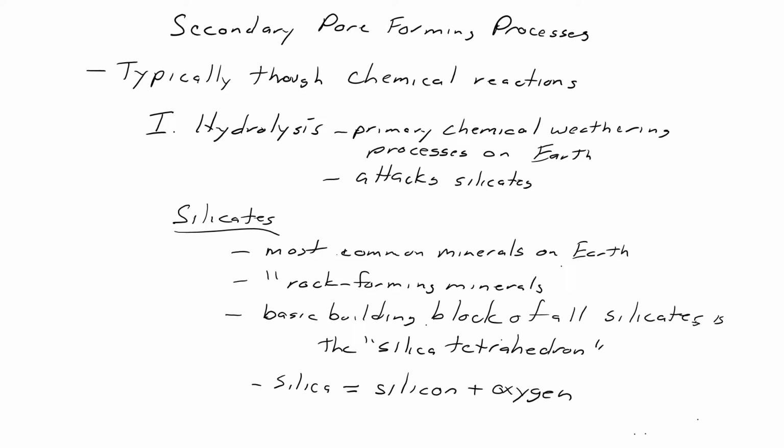So this is a molecule, looks like a little pyramid, and it consists of silicon and oxygen. So on this next page, let's sort of draw out what this looks like, okay? So this is going to be the silica tetrahedron.